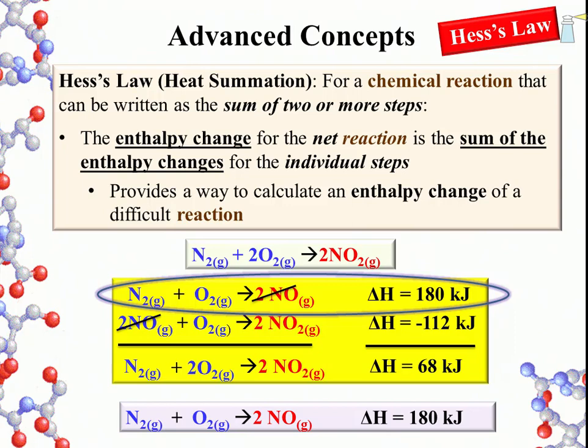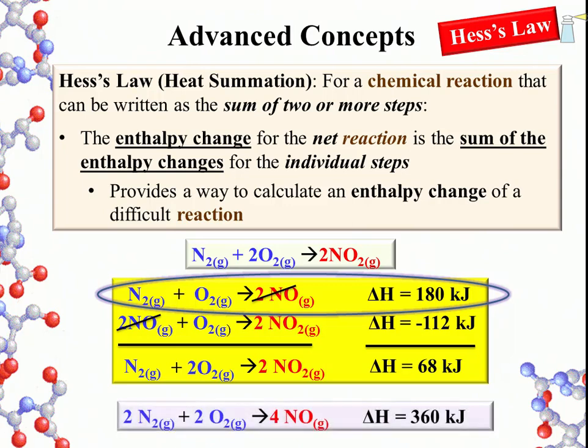For example, say in the first step reaction, the amount of nitrogen gas needed to be doubled. This can be accomplished by multiplying the entire reaction by 2. Note the parentheses are also around the change in enthalpy value. Multiplying everything gives a modified set of coefficients and a modified energy term. Using Hess's law is somewhat like doing a puzzle.